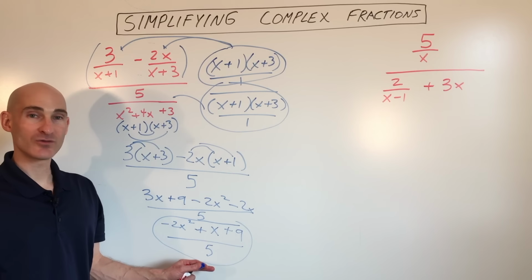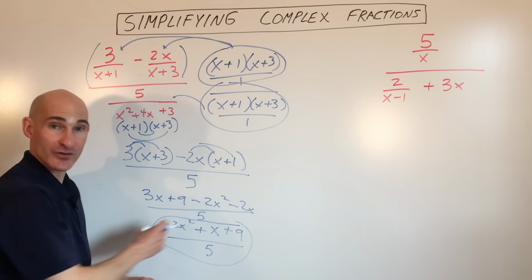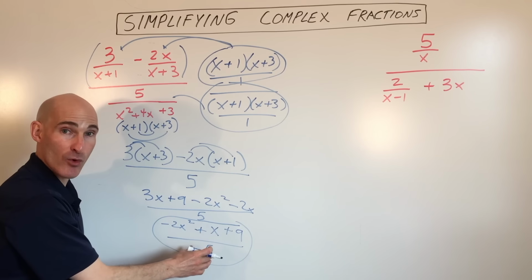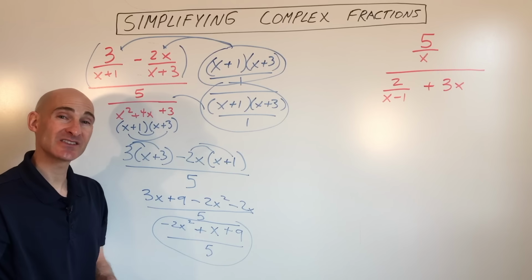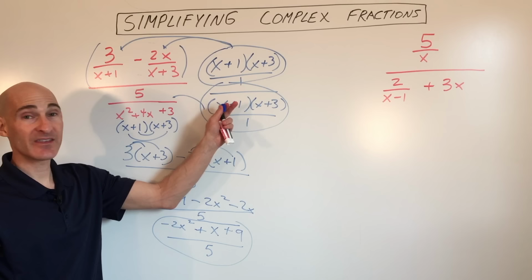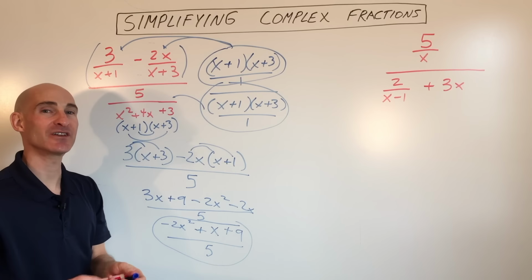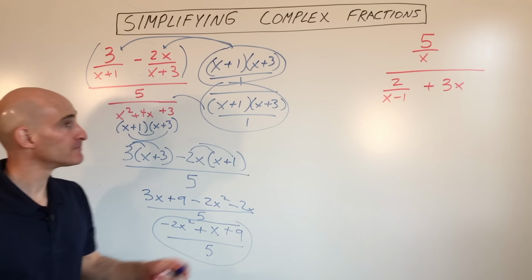And that's our final result. Now I'll just mention to you, sometimes you can factor this further, the numerator and the denominator at this point, and you can see if there's something that cancels top and bottom. So you want to look for that. But again, the key here was to find the common denominator, multiply to the top and bottom to clear the denominators. Let's look at one more example.